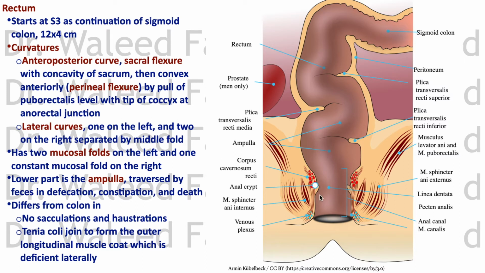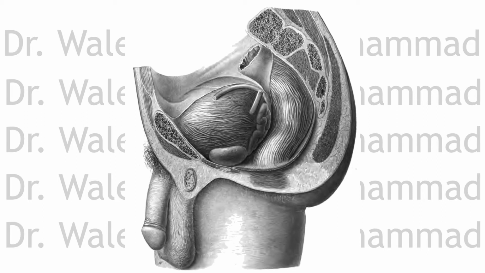And actually in dissection, from the lateral side, you can see the inner circular muscle fibers in between. So the tinea coli becomes a complete longitudinal muscle coat, prominent anterior and posterior, and there are no haustrations and sacculations in the rectum.